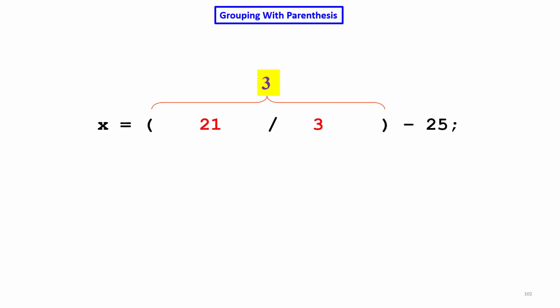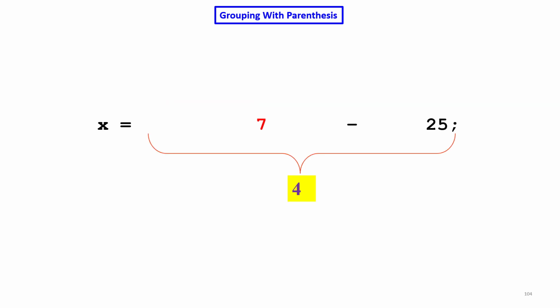The next pass evaluates the contents of the external set of parentheses by the same three rules. Once the contents of all sets of parentheses have been evaluated, all that remains is to evaluate the remaining expression.